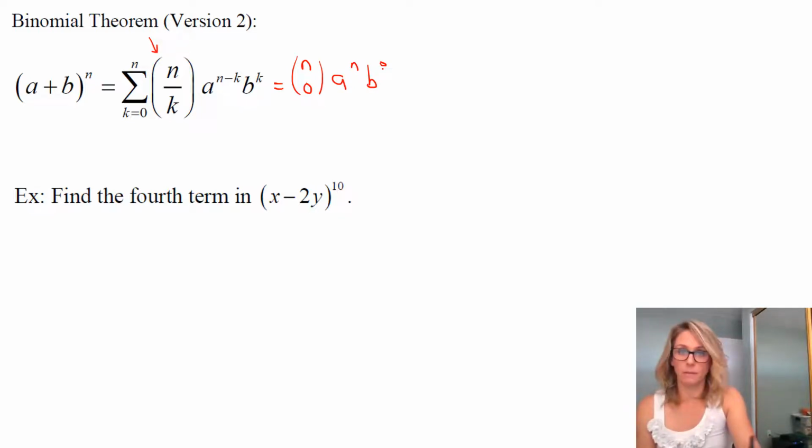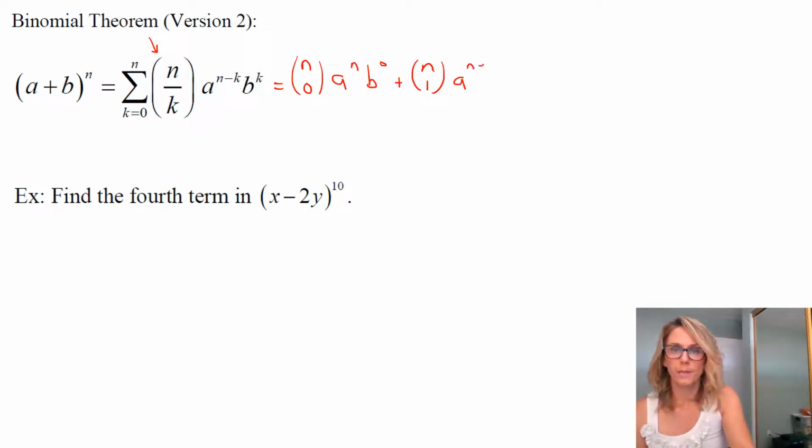But of course, that is just 1. The second term will be n choose 1. You may notice again, we found that one in our examples from earlier. And then we start off with 1 degree down on our a and 1 degree up on our b. Then we go into n choose 2 and so on and so forth here.